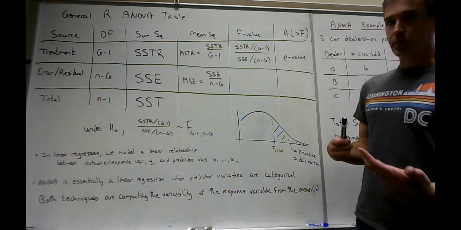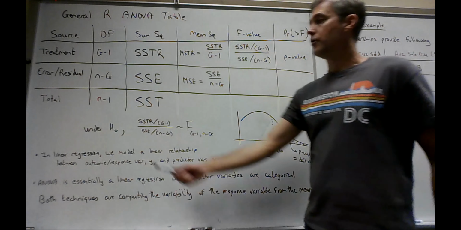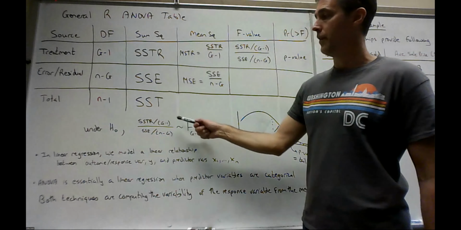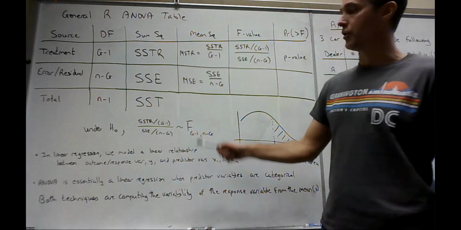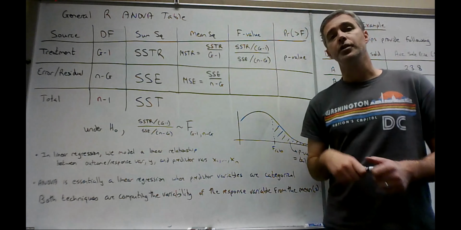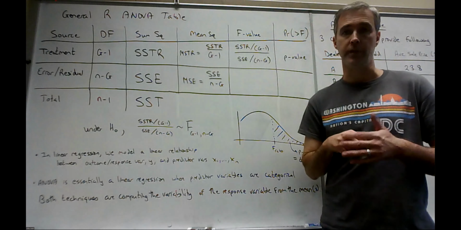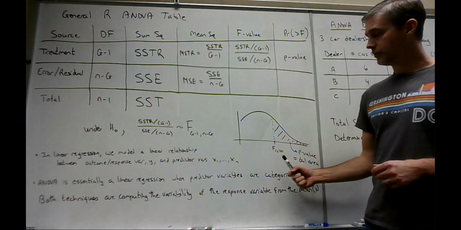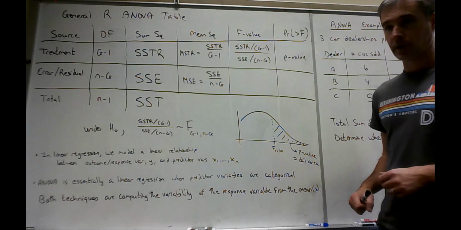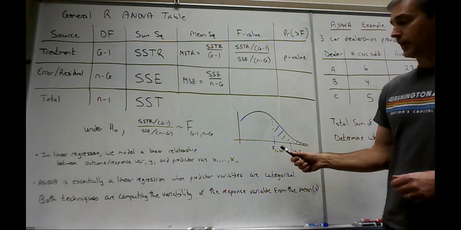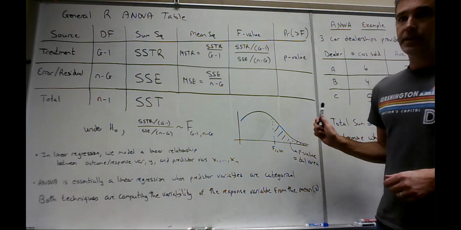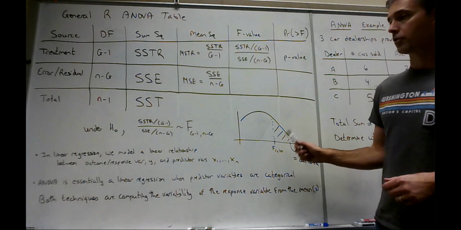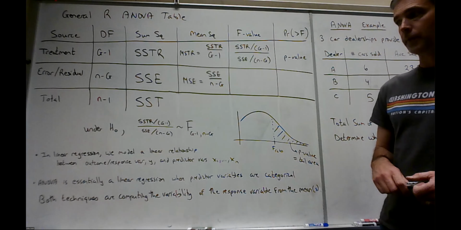And a slight recap of the last video: under the null hypothesis, that F ratio should follow an F distribution with G minus 1 and N minus G degrees of freedom. And the p-value is always the right tail to the right of the F ratio. It's the probability that the F distribution could be as large or larger than the ratio, okay?